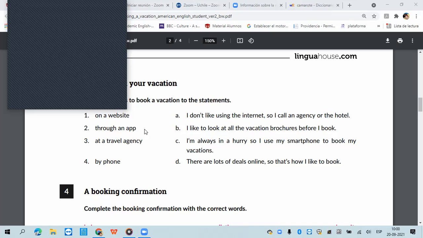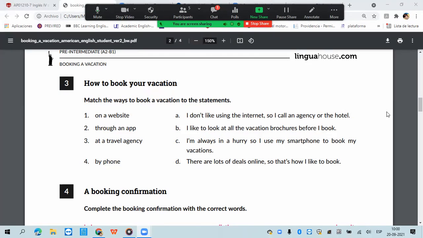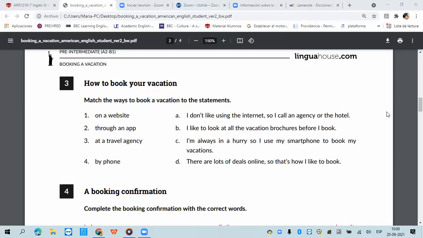Good tip, anyway. Okay, for next Wednesday, I will ask you to work on exercise 4, a booking confirmation, because the main part of this exercise has to do with writing messages. Complete the booking confirmation with these words, okay?